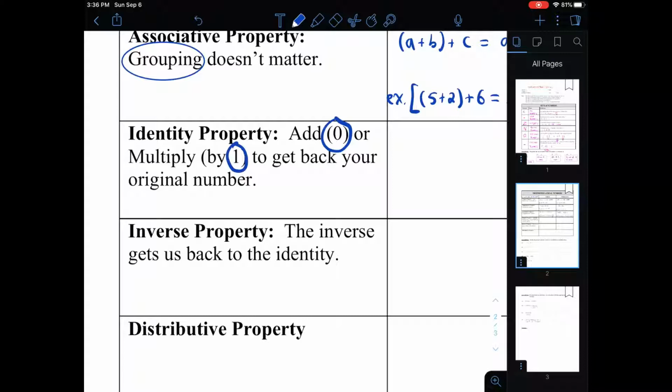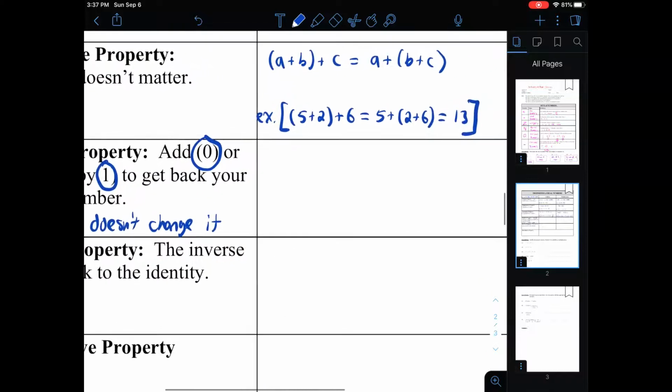Okay, what happens when you multiply by 1? Does it do anything to the number? It doesn't. So it's called identity because adding 0 or multiplying by 1 doesn't change it. It still stays the same.